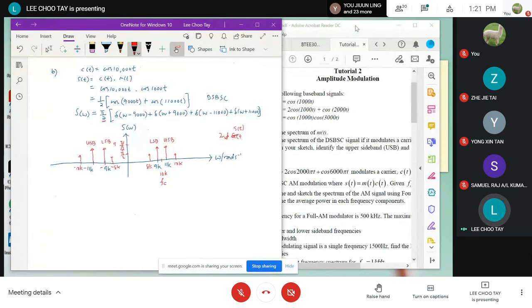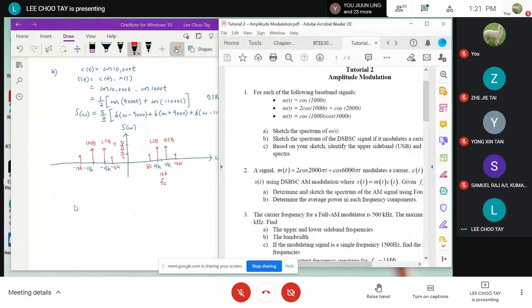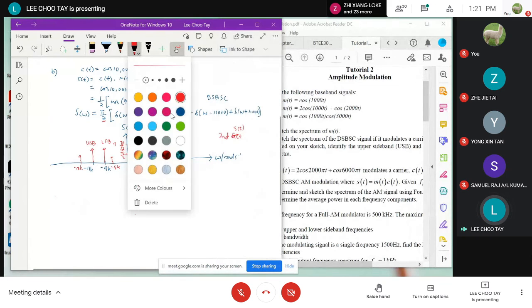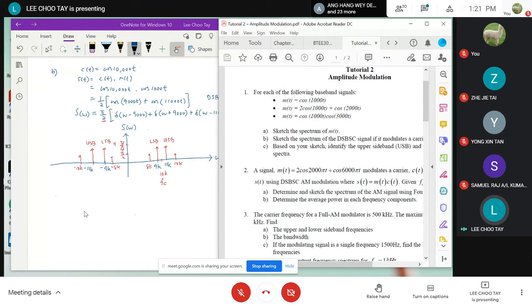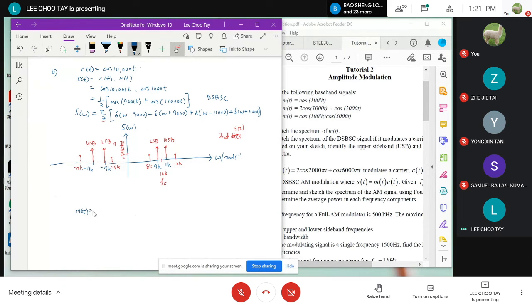Then for the third one, as I mentioned before, what you need to do is convert. This is cos 1,000. Your MT is cos 1,000T and cos 3,000T. You first need to use trigonometry, because you're multiplying two cosine signals together, and convert it to two cosine terms.